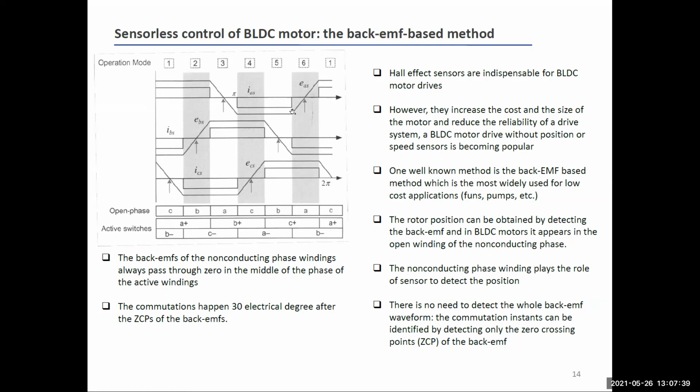This kind of operation mode is performed, in my previous explanation, by looking at the position of the rotor by the Hall effect sensor. Now, suppose that I want to get the same behavior, but without any information from the motor. How can I get the rotor position information without using the Hall effect sensor?